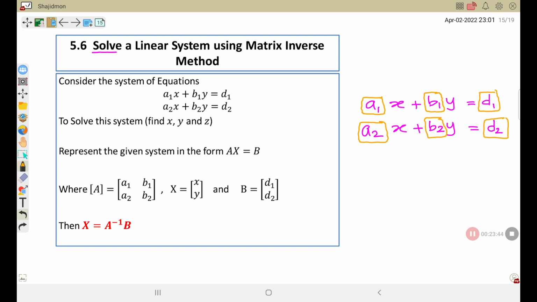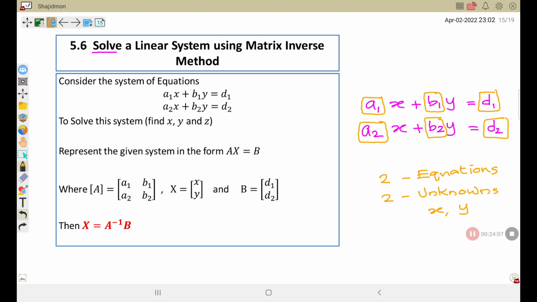A 2 by 2 system means we have two equations, the first equation and the second equation, and we have two unknowns. The unknowns here are x and y, so we need to find the values of x and y.